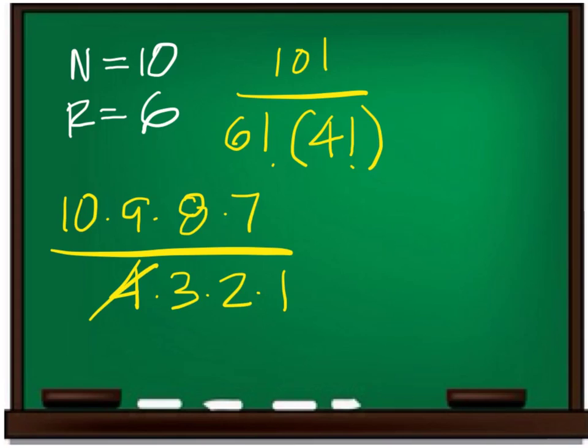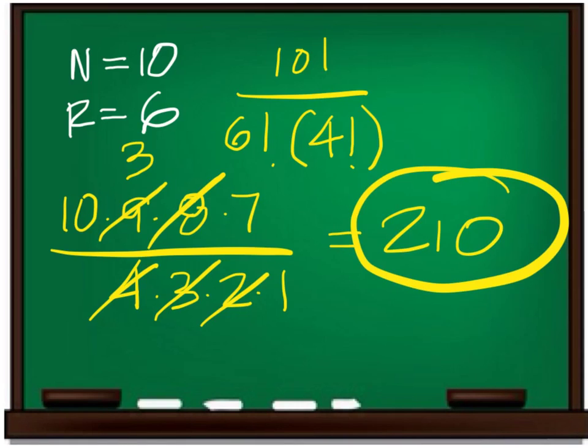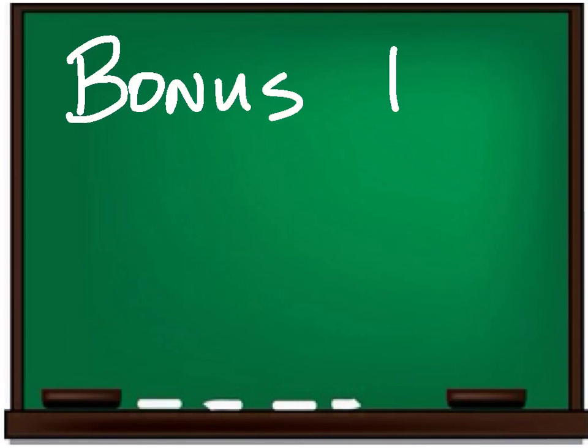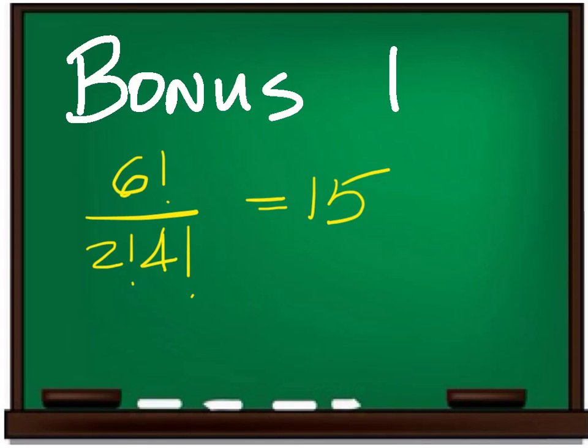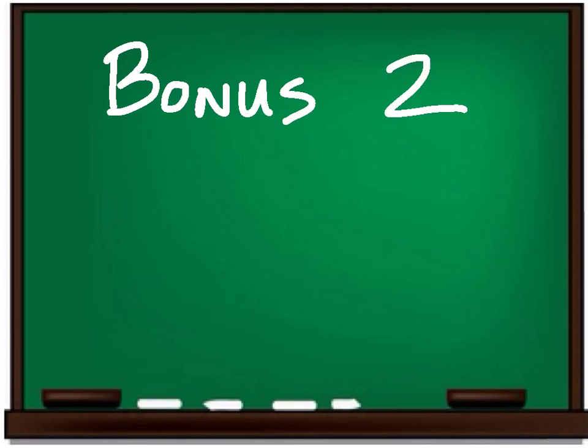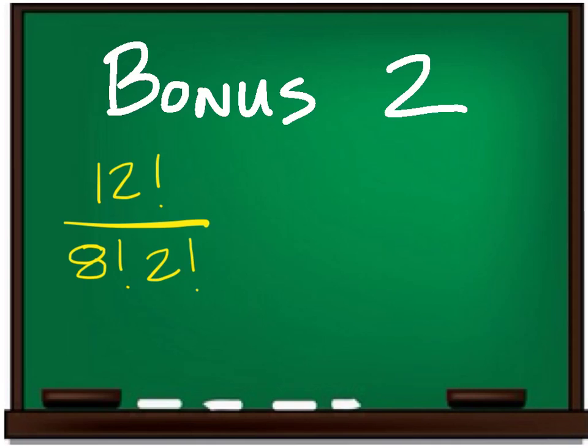You could cancel out a 4 and a 2 with the 8 on top and a 3 with the 9 and come up with 210. Answer on the bonus is 15. Here's another one. Answer was 5490.